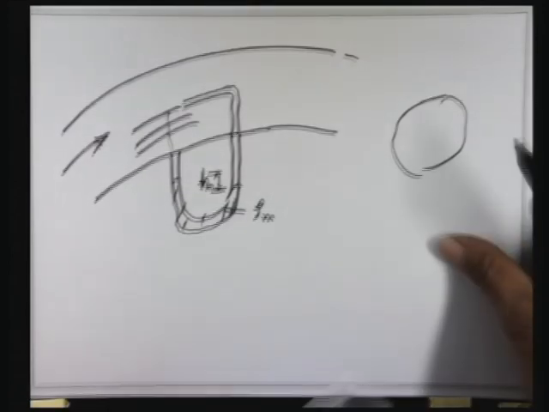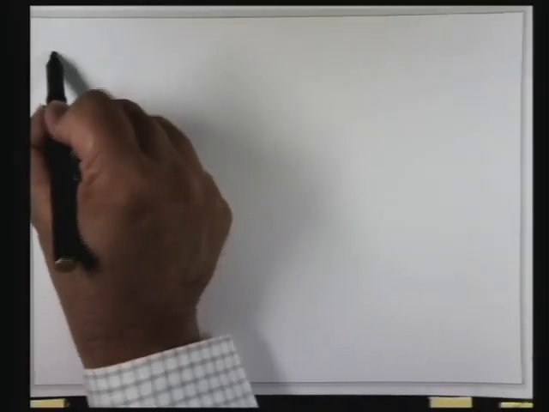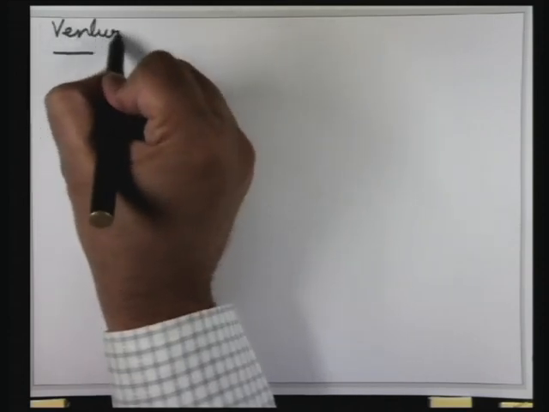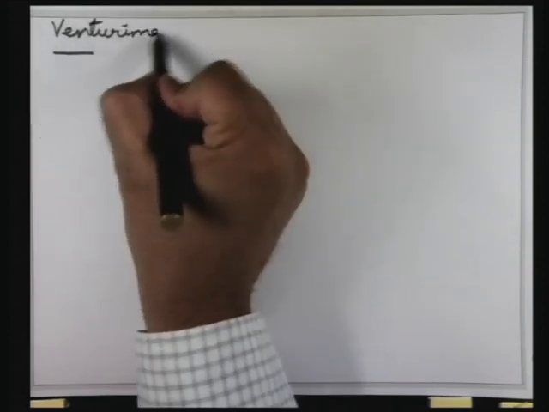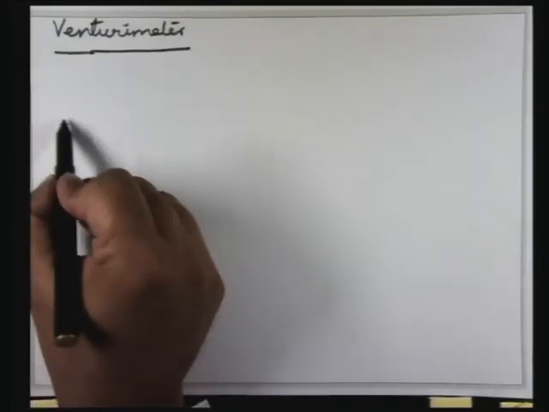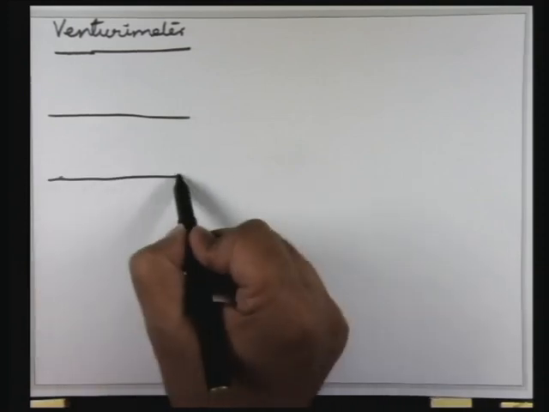All right. Now let us look at the principle of a venturimeter. So here, let us say you want to measure the flow rate. So let me write here, venturimeter. Let us say you have a pipe of certain cross section here.